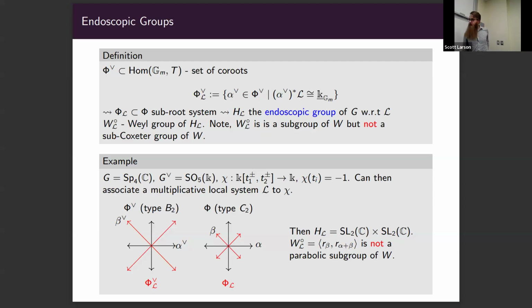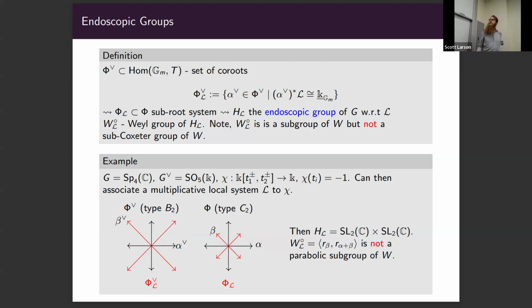The basic idea is that we can look at a subset of all the co-roots for which, when we pull back along a fixed co-root, the local system becomes the constant sheaf. So this gives you some subset, and it in fact defines some subroot system of the ambient co-root lattice, and we can then just create some group from it, which we call the endoscopic group.